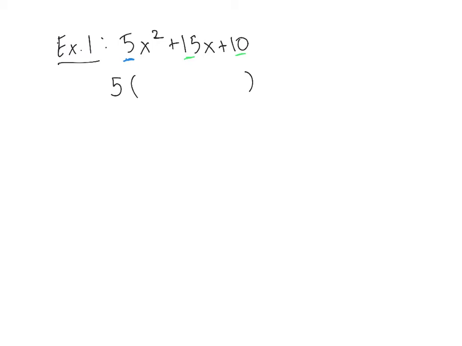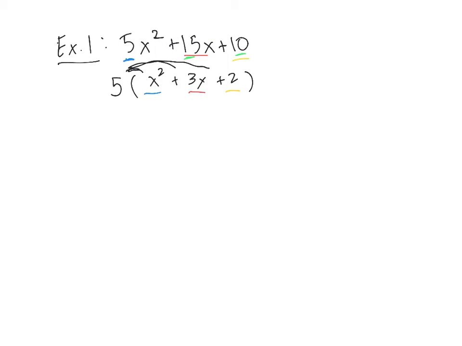And once I've pulled it out as a greatest common factor, I can think about what would multiply back in 5 times what to make the inside parts. So 5 times x squared would make 5x squared. 5 times 3x would make the 15x, and 5 times 2 to make 10.